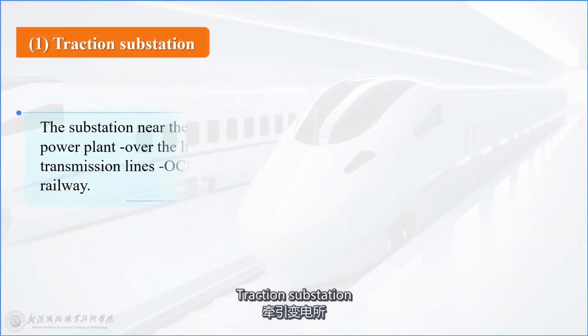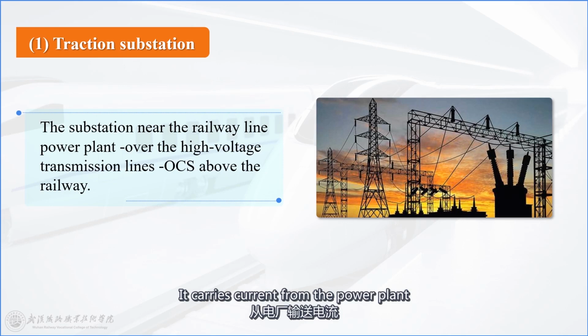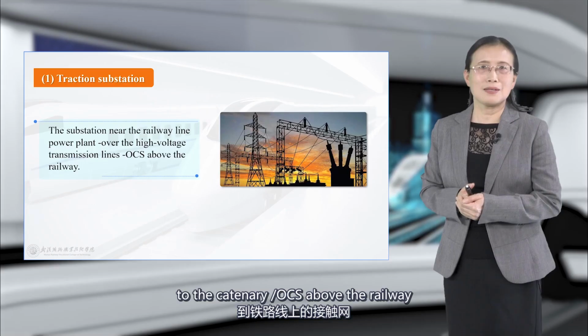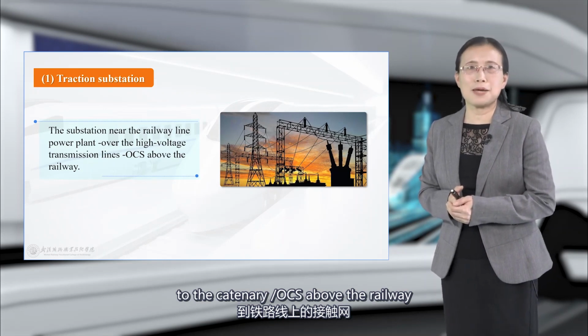OCS. Traction substation. The substation is located near the railway line. It carries current from the power plant over the high voltage transmission lines to the catenary, that is OCS, above the railway.